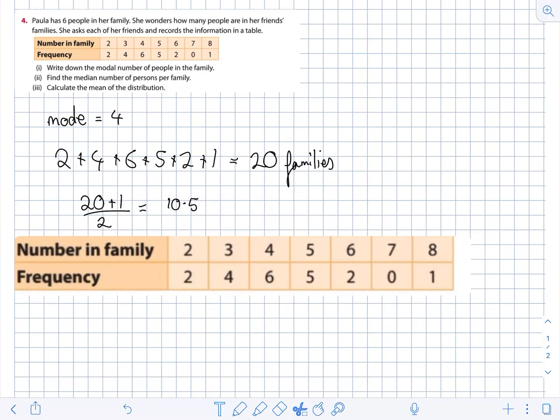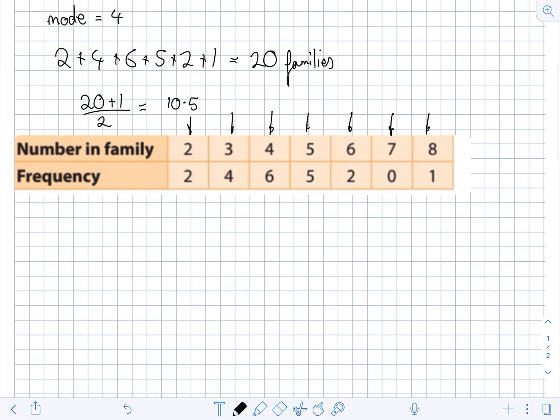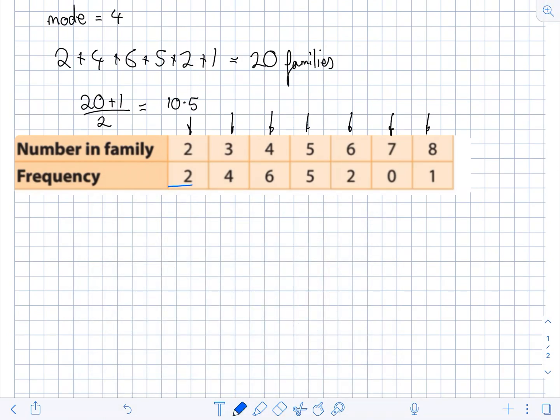Okay. So we want to know in which of these columns is the 10.5 term. So the way I like to think about this is, to get from here to here, we pass by 2 families. To get from here all the way over to here, that gives us 6 families.